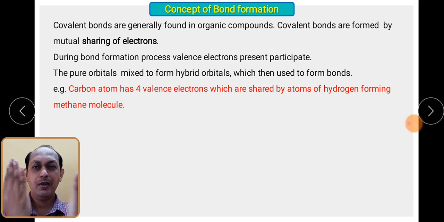In case of the pi bond there is a lateral overlap where very little overlap takes place. That's why that bond is weaker as compared to sigma bonds.